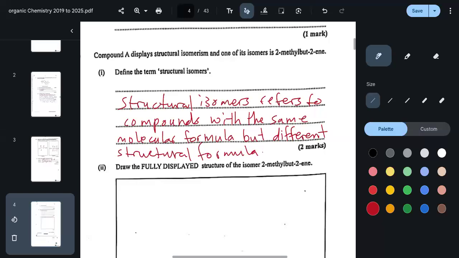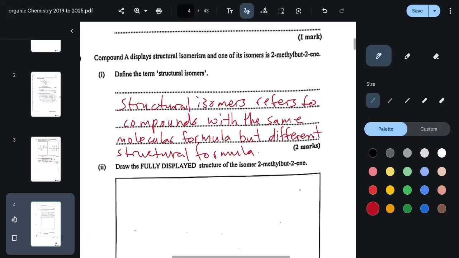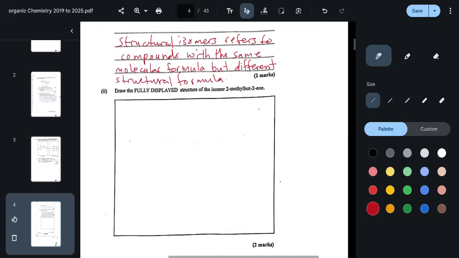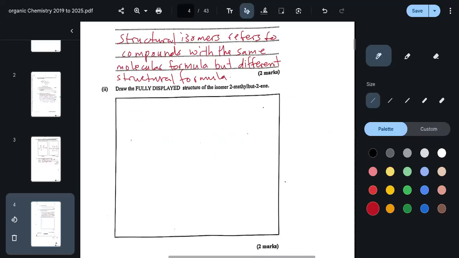All right. So for the 2-methyl but-2-ene, how many carbons are in this compound? Let me call on somebody. How many carbons should be in this compound?